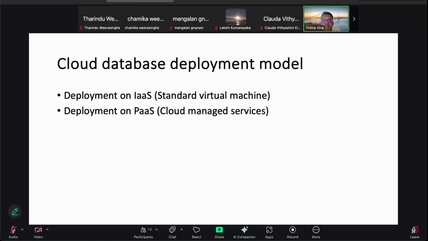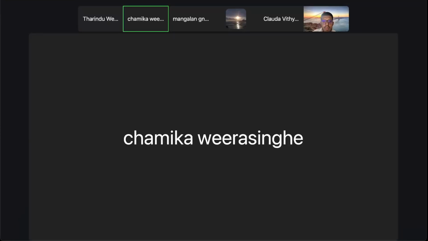In security groups, we set who can access and who cannot access. We have to set up which ports can be accessed when we set up the VM.